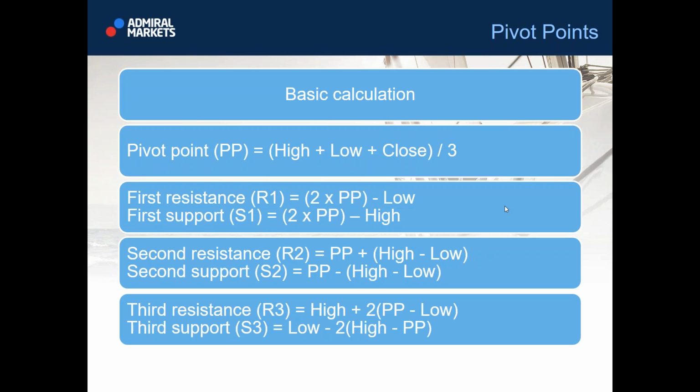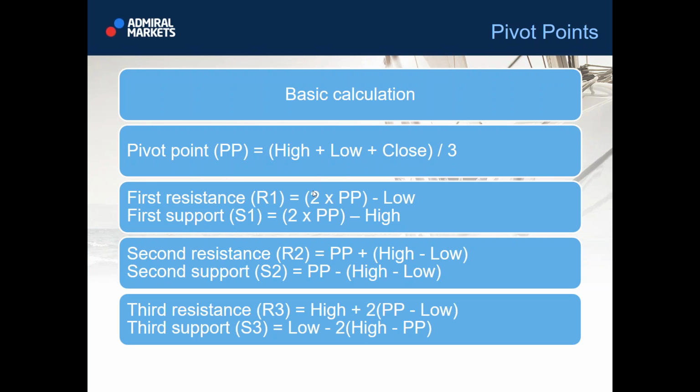Now this is the basic calculation of pivot points. Take a look at this. The pivot point is high plus low plus close divided by 3. If you want to get first resistance, you make this calculation: 2 times pivot point minus the low.